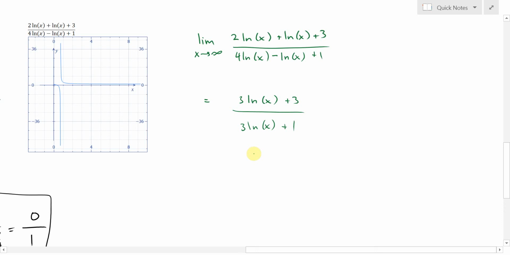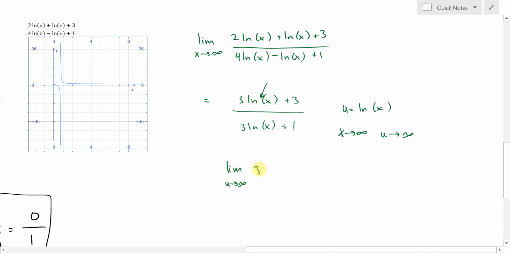But what you could do here is say, well, if we call u ln of x, then x going to infinity means that the ln of x would also go to infinity, so u would go to infinity. So really what we're asking is, what's the limit as u goes to infinity of, well, now this is just u.